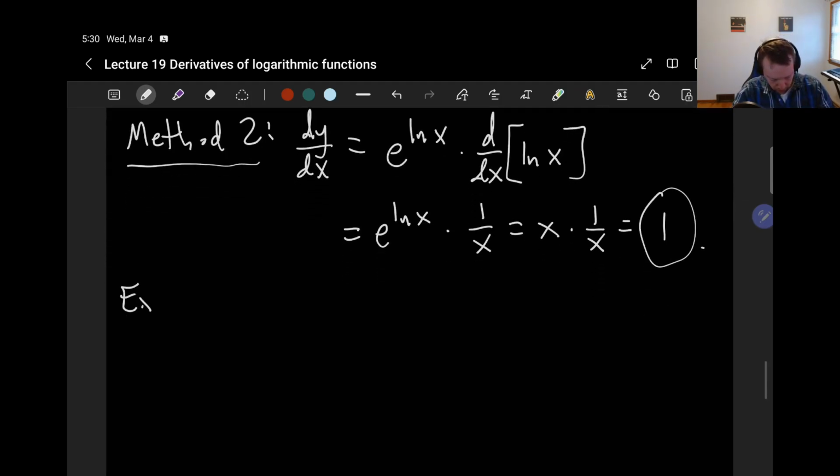This will be a little bit of a more challenging problem. I keep bringing tangent lines back because they are very important.